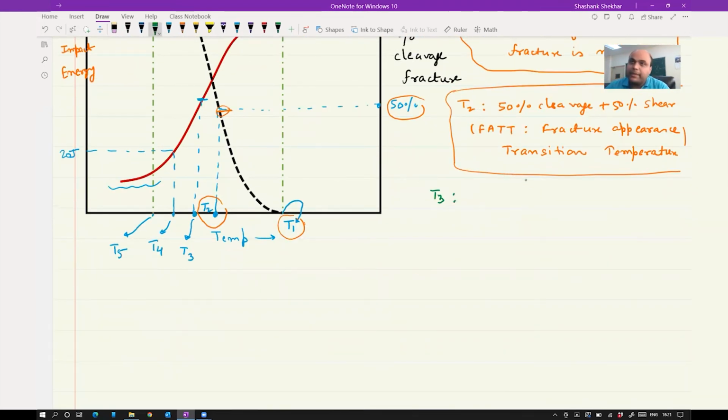so T3 is a temperature which is the average of upper and lower half cell.